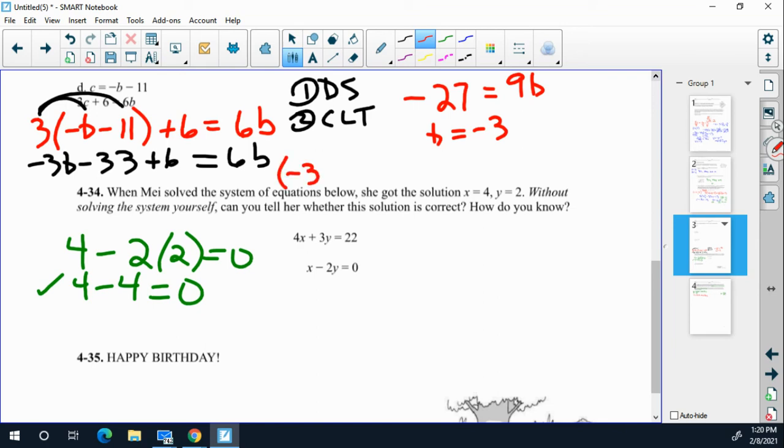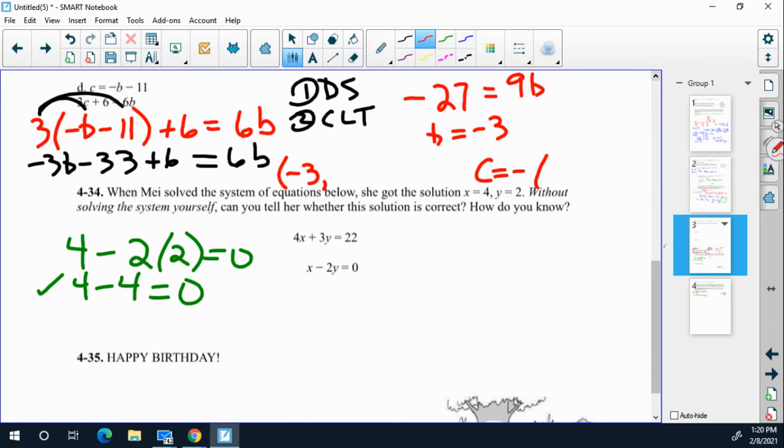So that's our first coordinate, where these would intersect. Now we need to use the top equation again and plug that in to find out what C is. Okay, so C equals negative B, use those parentheses.